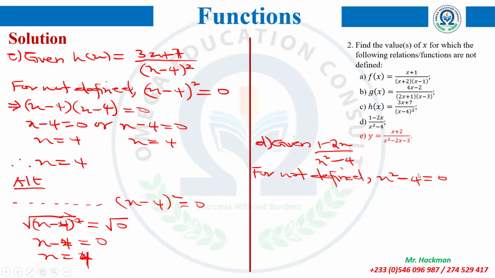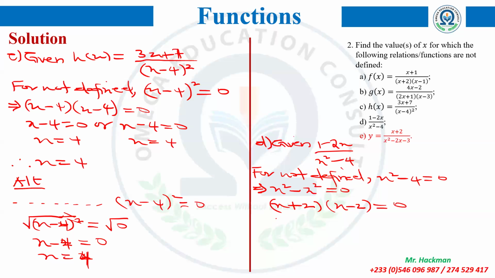Because the 4 here is the same as 2 squared. Yes. If you are mature, you do that mentally, so what I'm going to write here, you can skip. Once you realize that this is the same as 2 squared, you can factorize straight away. So x plus 2, then x minus 2.